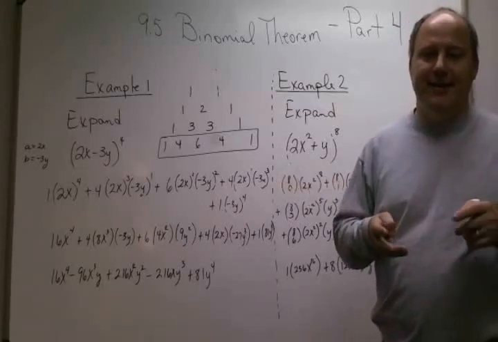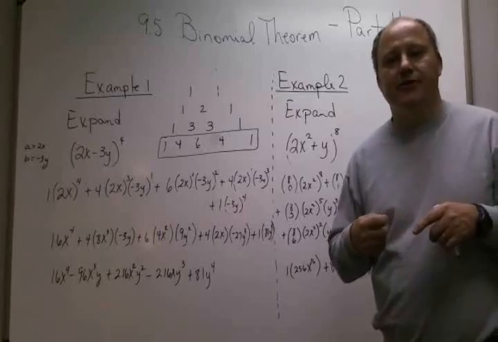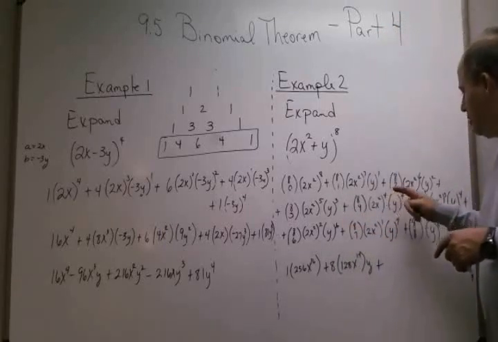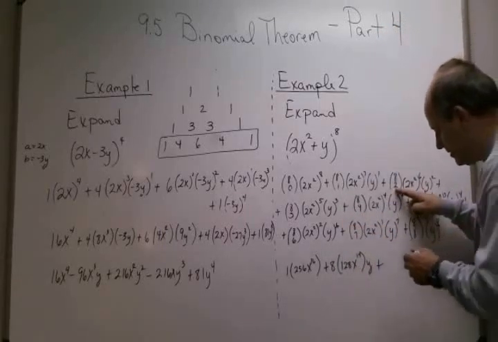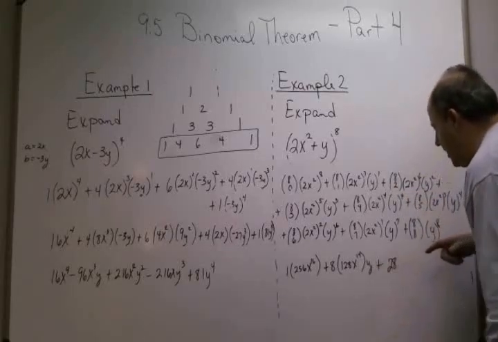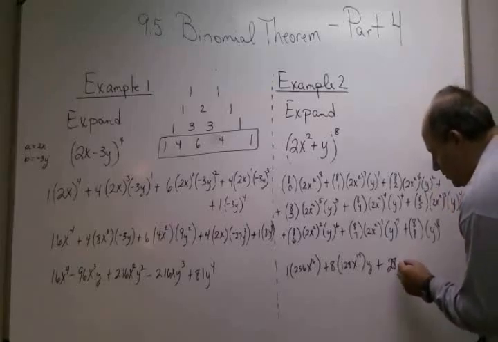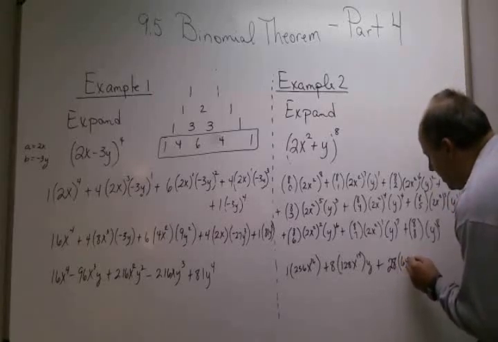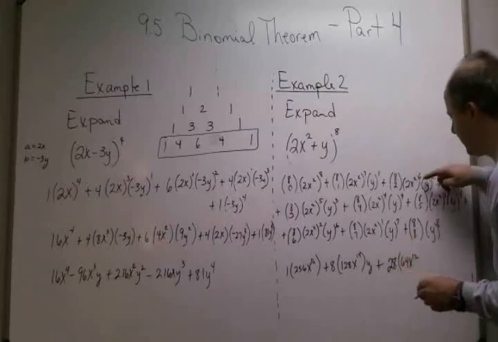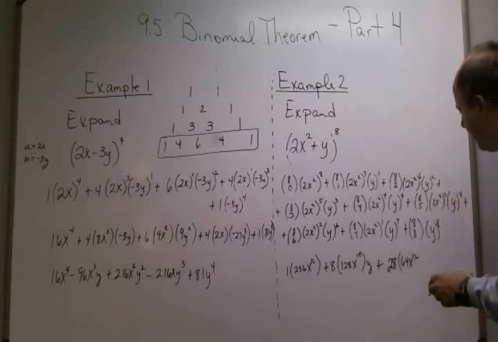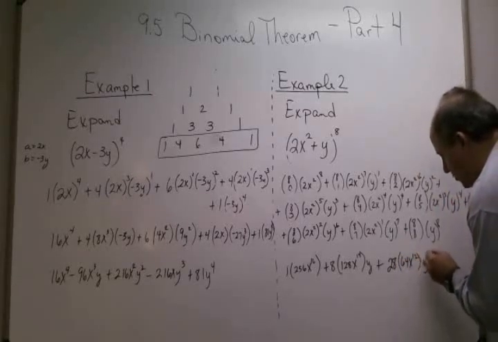Again, don't hold me to that because I'm just going from memory there. So 8 choose 2 is actually 28. And then 2x squared to the 6 is actually going to be 64x to the 12th, because there are 6 factors of x squared, and then times y squared.